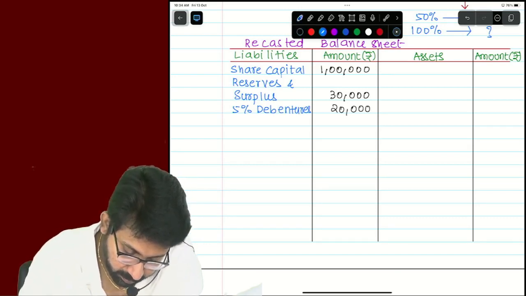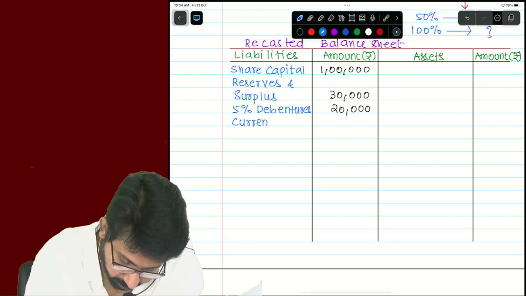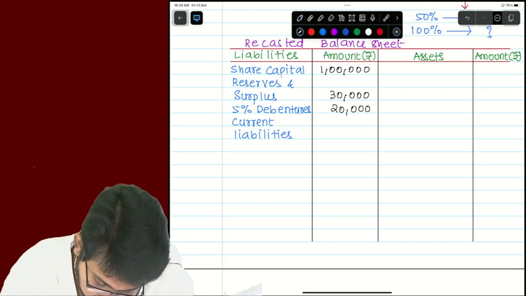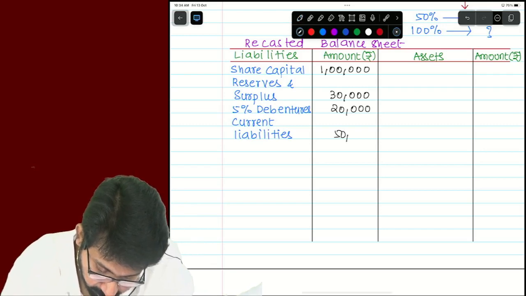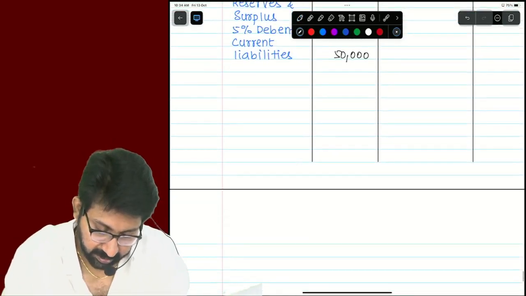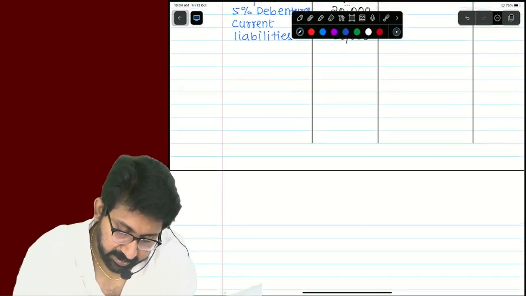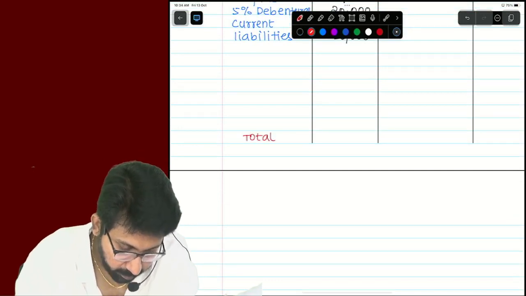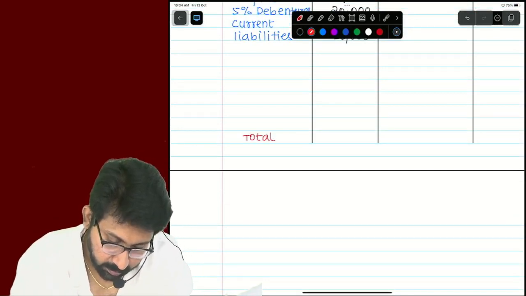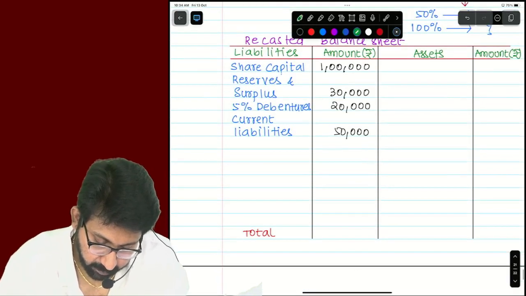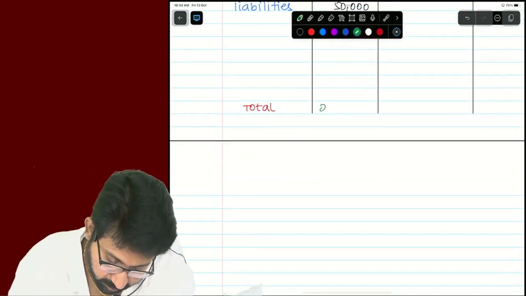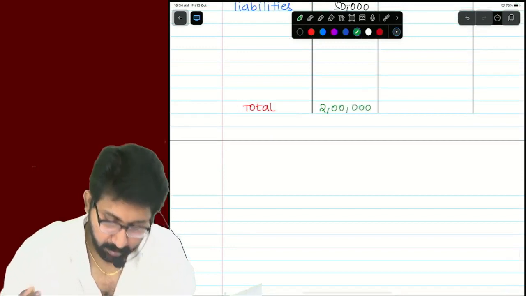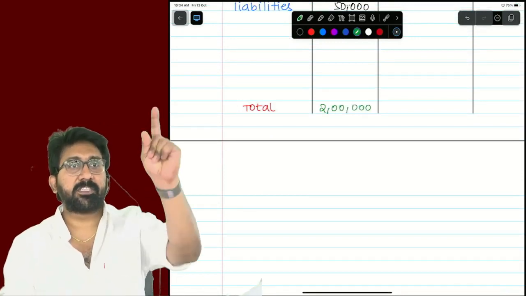Last one, how much? Okay, 50,000. These are the only liabilities, correct? Write down total. How much will it be? 2 lakhs. Total 2 lakhs.